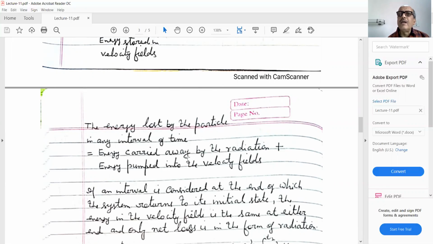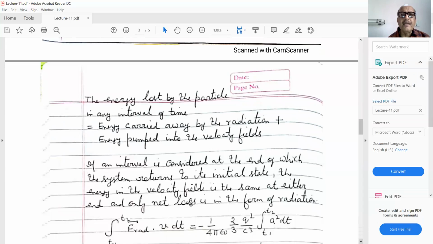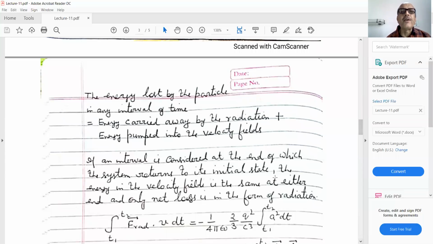So this is just to remind you that the energy lost by the particle in any interval of time consists of radiation, and maybe even small, but the energy stored in the velocity field is also there. If an interval is considered at which the system returns to its initial state, then the energy in the velocity field is the same at either end and the only net loss is in the form of radiation.